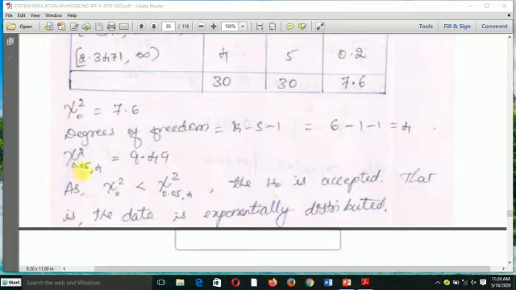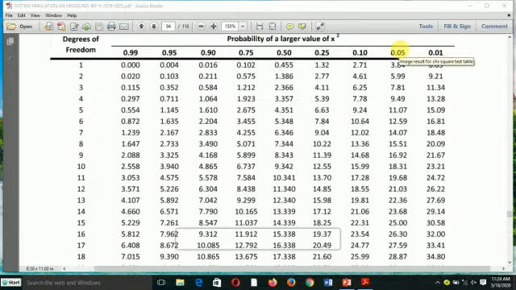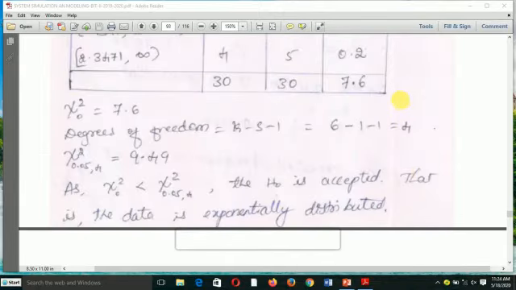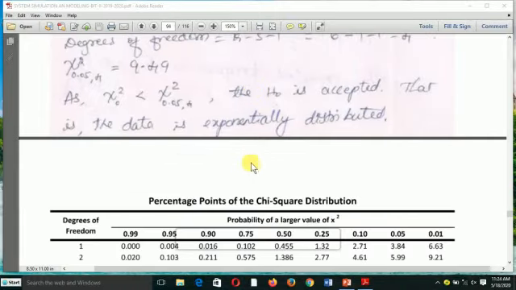So I am going to check in the chi-square table when we are having a level of significance 5% and degree of freedom 4. It is here. Degree of freedom is 4, so I am coming, it will be 9.49. So it is the same as the one we supposed at the beginning.